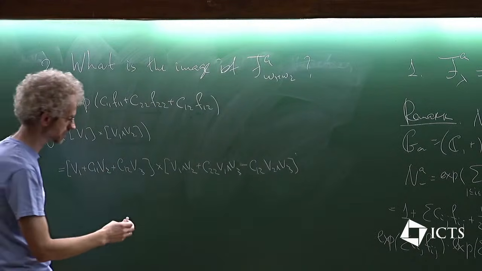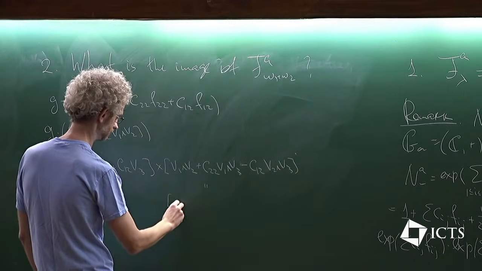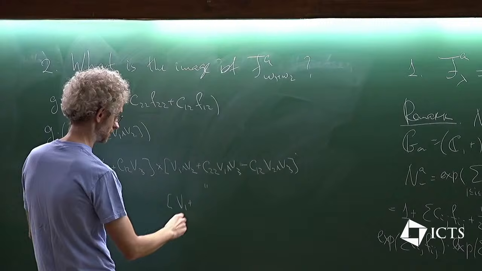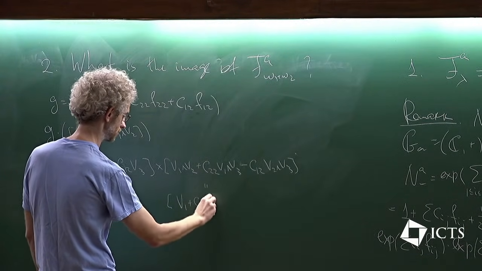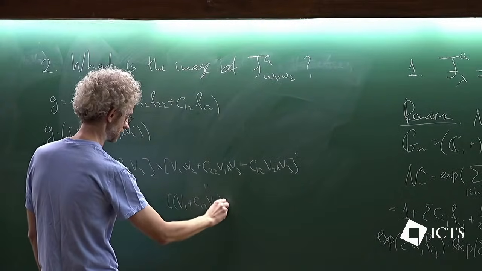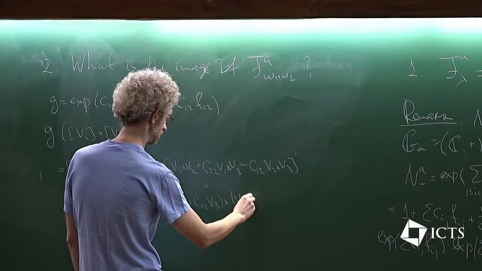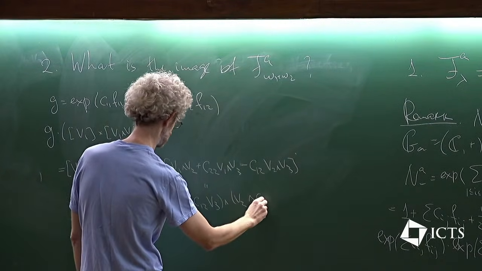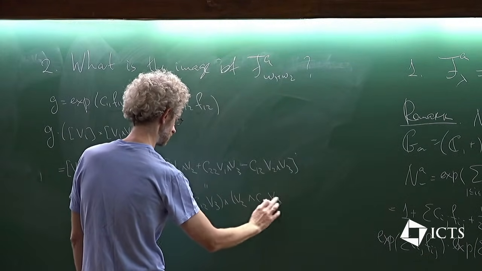Now to make things explicit, let me actually write this as V1 plus C12 V3 wedge V2 times C22 V3 plus.